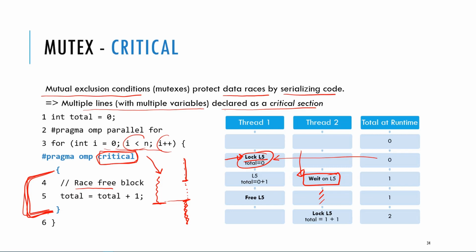So the execution would be handed back to thread number one, which will finish its work correctly and free the lock of line number five, and only then would thread number two be able to get back to its runtime and allocated time, and lock line number five once again before any other thread gets in, and then start applying its line of code. This lock would prevent any other thread from taking the lock on it.